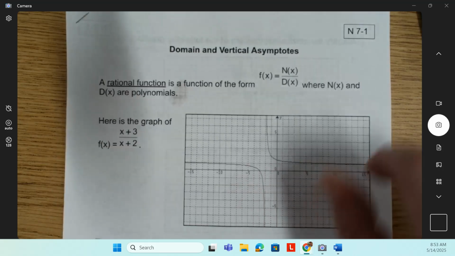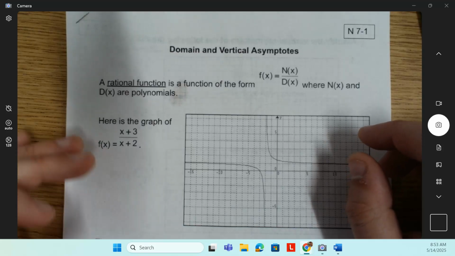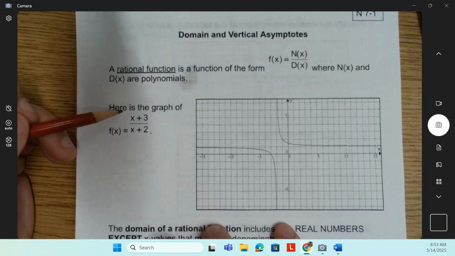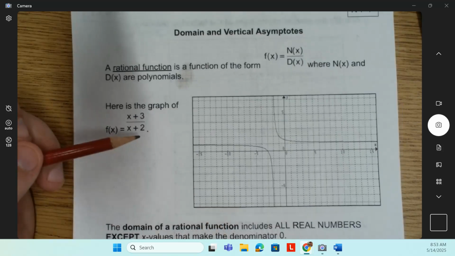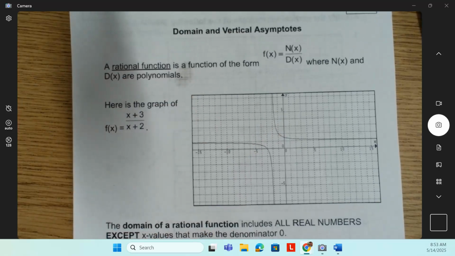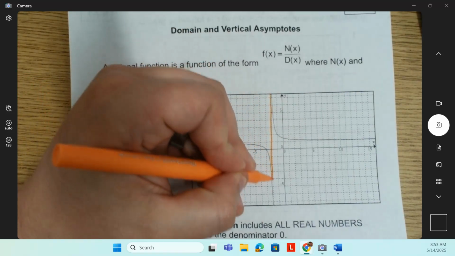All right, we're going to look at vertical and horizontal asymptotes here, and a little bit of your domain. So we have the graph here of (x + 3)/(x + 2) that looks like this. What you notice is going up and down right here, you have a part where it tapers off on both sides.